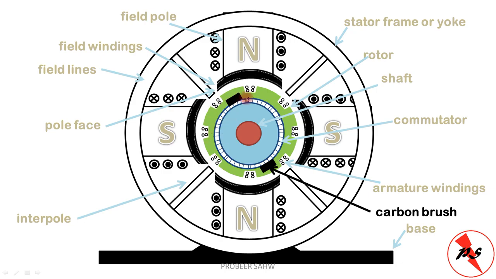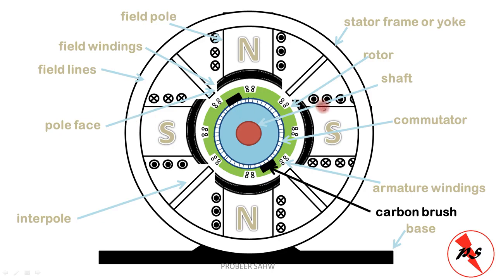The purpose of the carbon brush is that when the commutator collects AC current from the armature winding, it is converted to DC at the carbon brush. So the carbon brush acts as the path to the outer terminal. The commutator collects the current from the armature in the form of AC, and when it goes out of the carbon brush, the current is DC in nature.